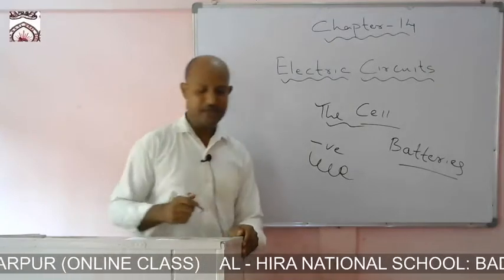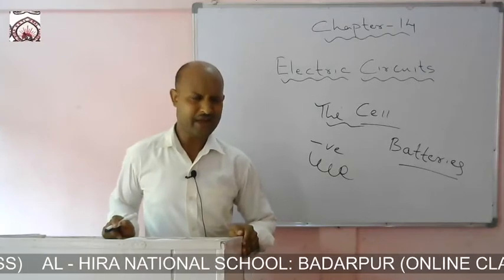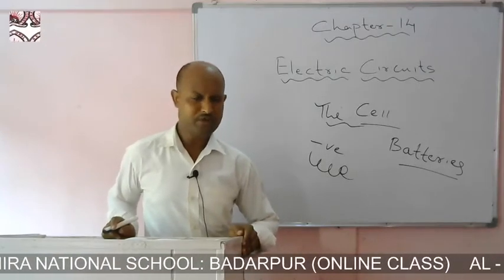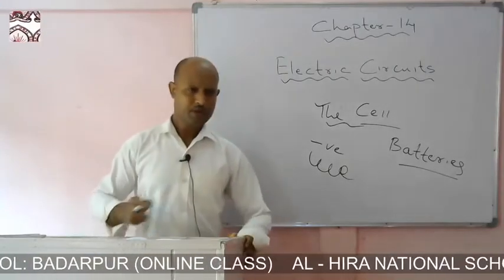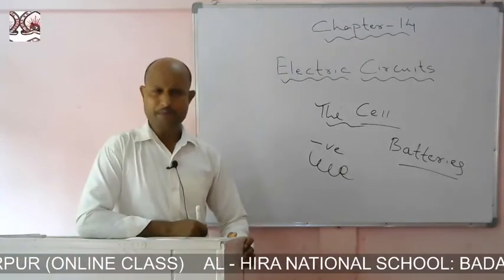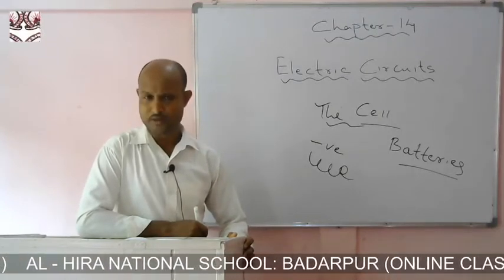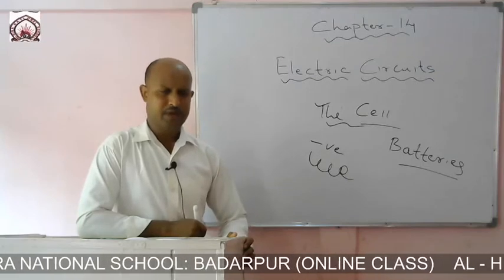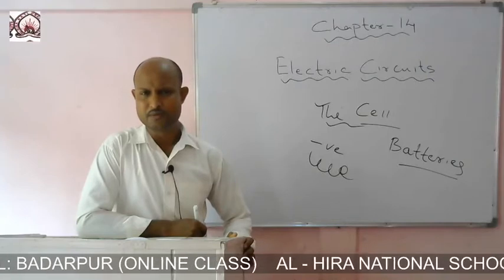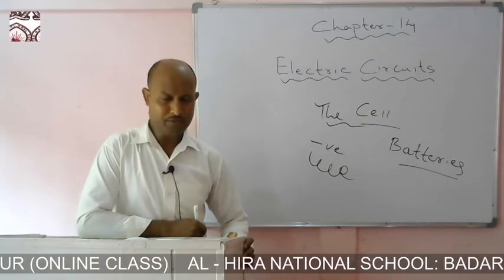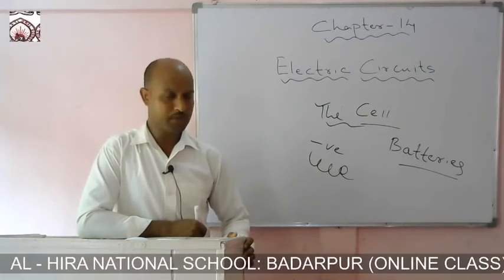Now, the next thing that we need to learn is a switch. Sometimes, when forming an electrical circuit, we even use a switch. So what is the importance of a switch? Let me tell you. We know that if the circuit breaks, the flow of current stops and the bulb stops glowing. So at times, it becomes very important for us to stop the flow of current. If we have a switch connected with a circuit, then it becomes very easy to stop the flow of current.